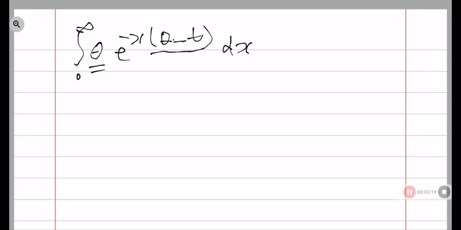So it will be minus theta, and then we need to divide that by theta minus t.